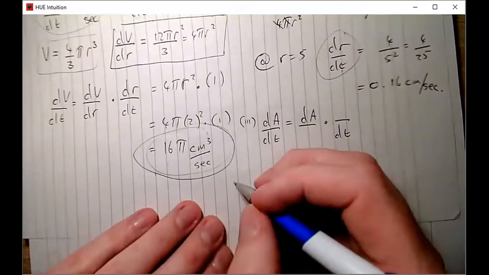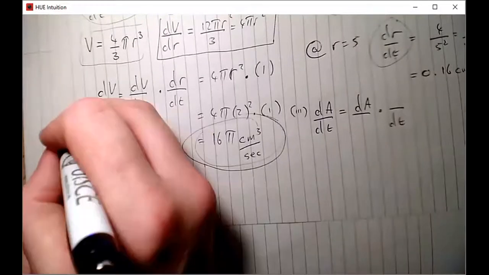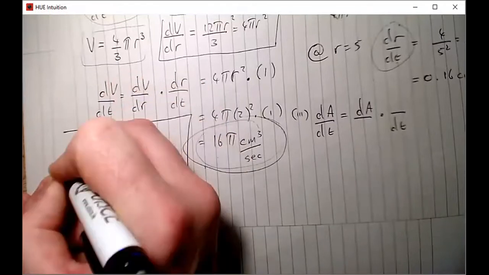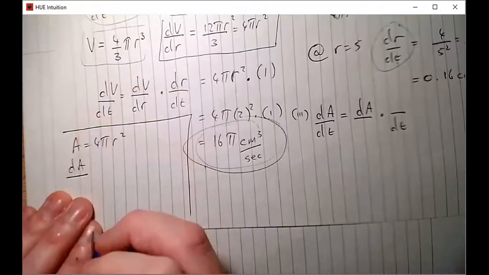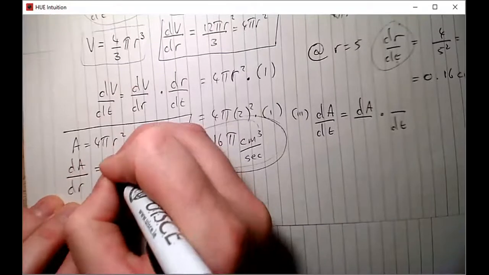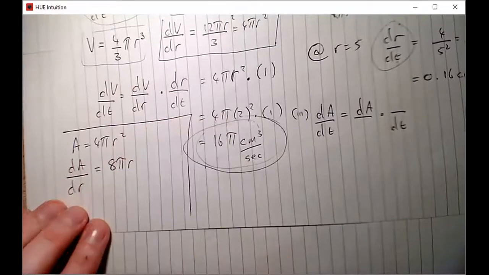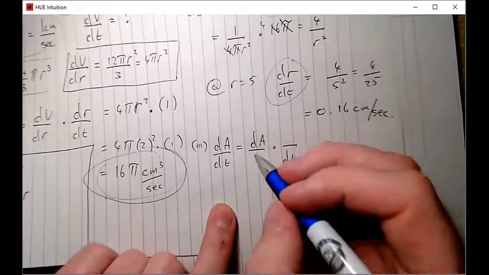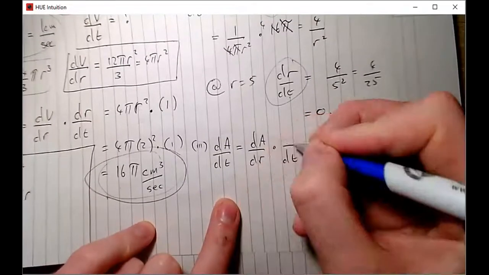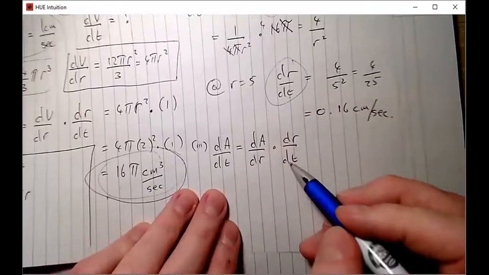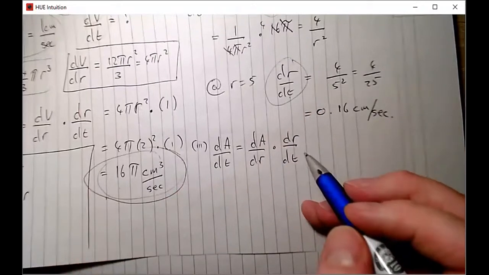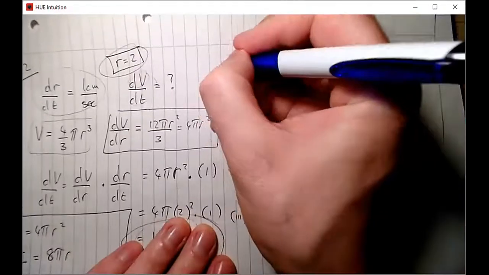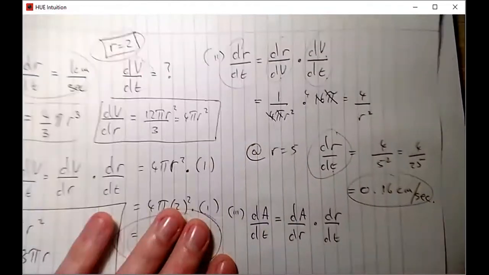So if we say, sorry, this is a little bit untidy, but if we say the area is 4 pi r squared, then the rate at which it changes with respect to the radius is going to be 8 pi r. So we can come over here and say dA/dr is what we want to work with. dr/dt, we already know. That's what we just worked out up here in part 2. dr/dt is 0.16.